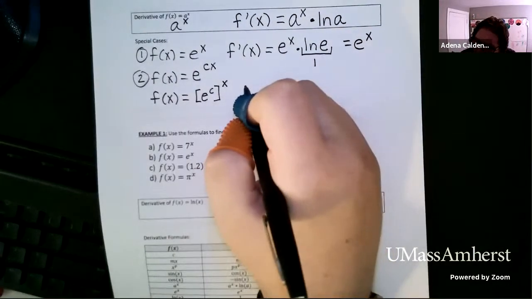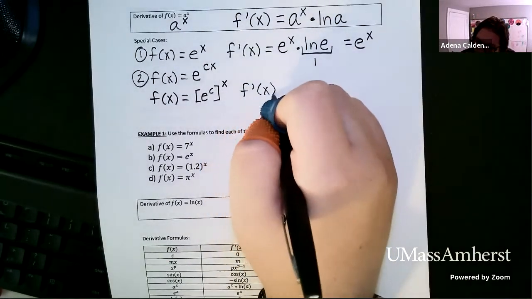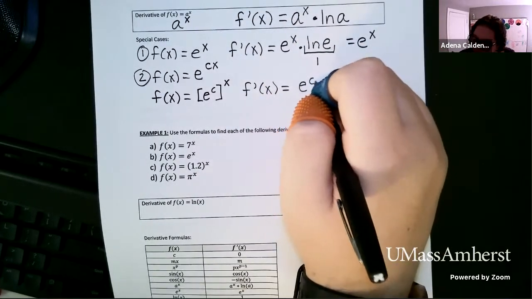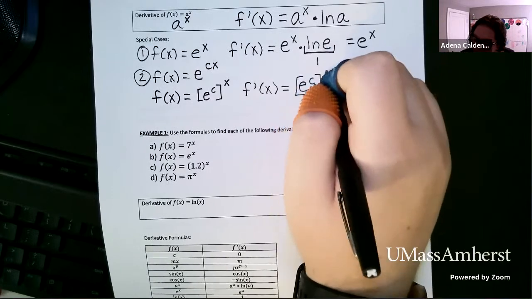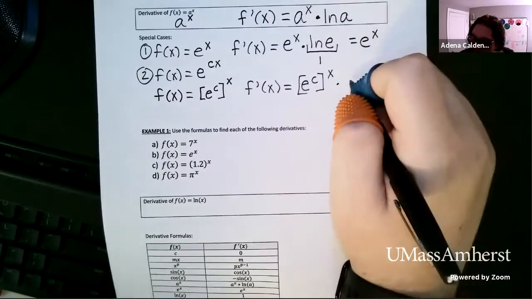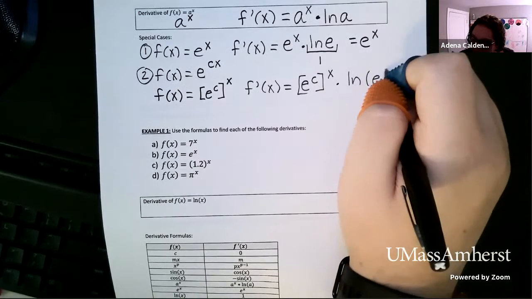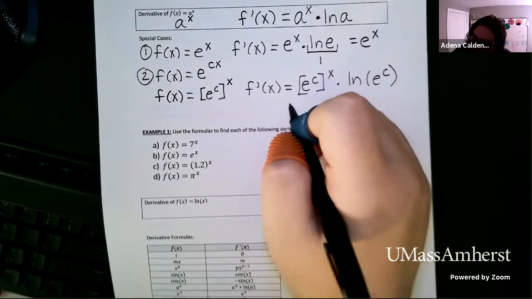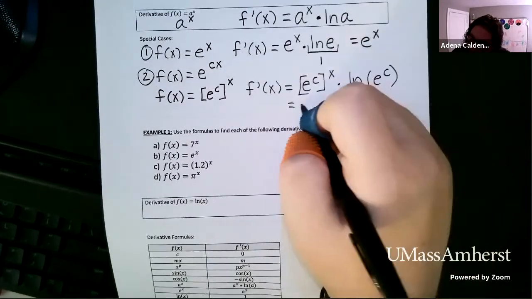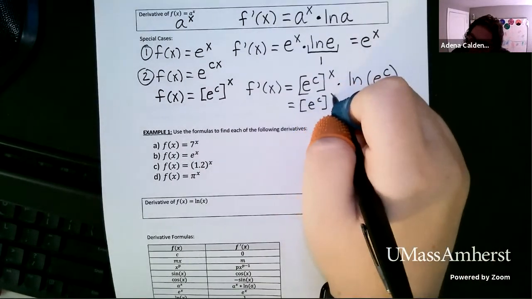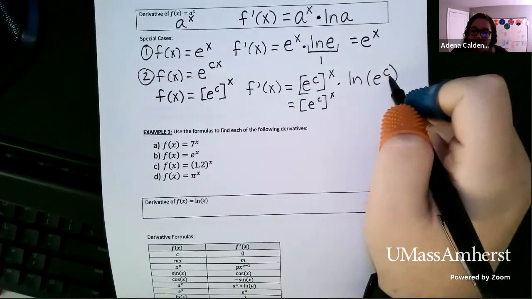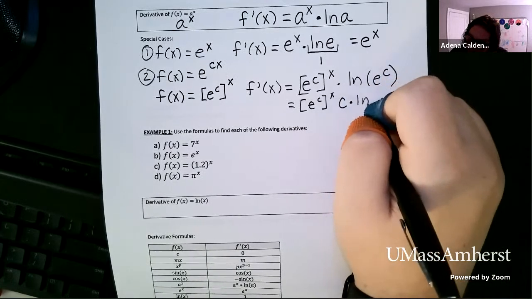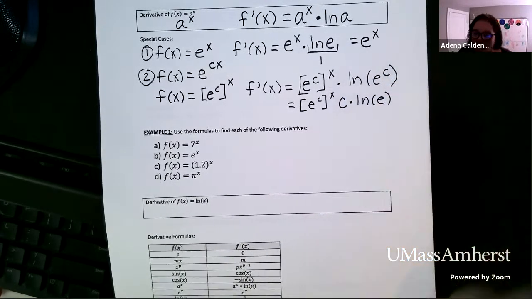So when we apply the rule here, right, we get the same thing back. So we get e to the c to the x times the natural log of the base, where the base is e to the c. Now, natural log rules say that if you take the natural log of something raised to a power, that power can come in front. So we have c times the natural log of e.